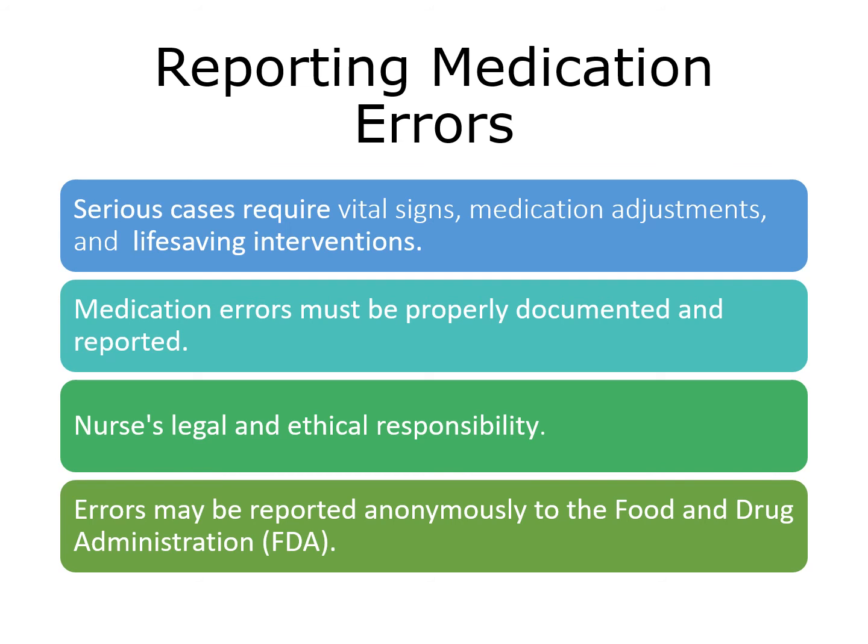The patient deserves to know that they've had a medication error. And also, errors may be reported anonymously to the FDA. I would say that would be relatively uncommon for that to happen.